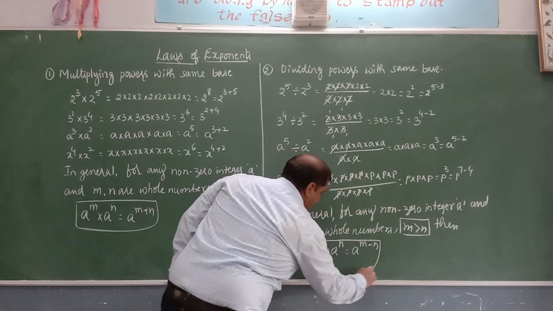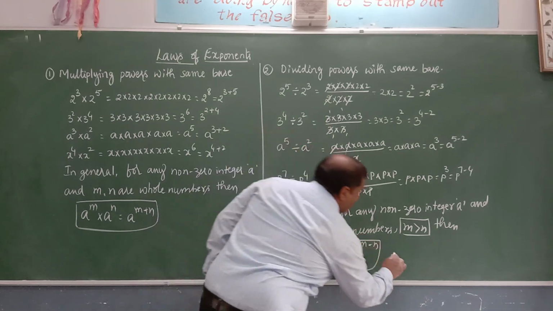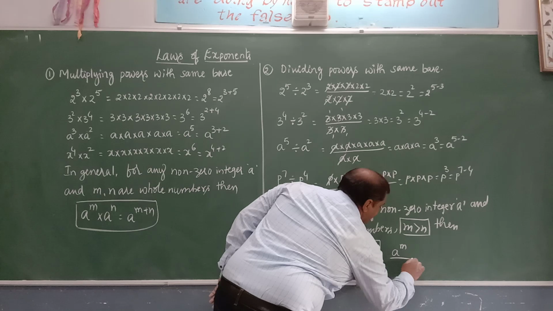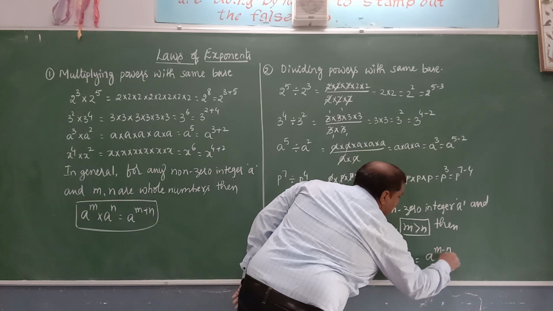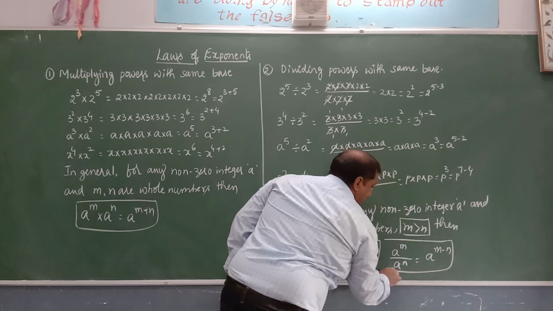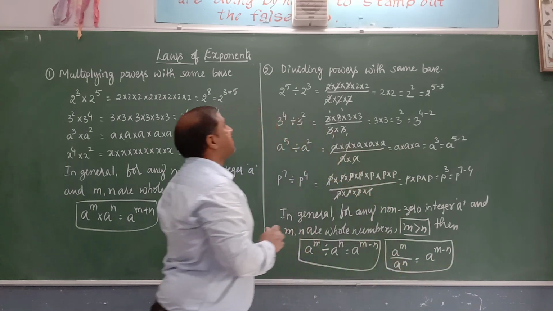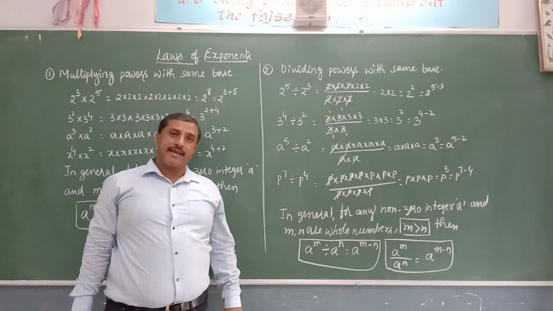This is the second law of exponents, that is, dividing powers with the same base.